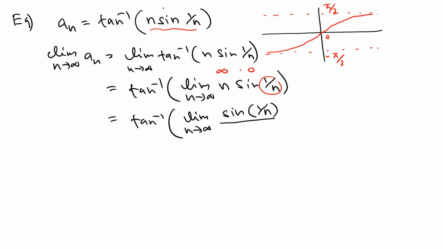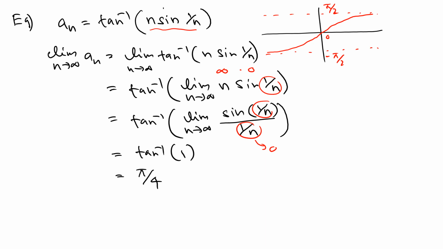In the bottom, you get 1 over n. Now you notice that they are the same, and they both go to 0. So it's 0 over 0, which means it is 1. So this is simply tan inverse 1, because the limit is 1. Okay, we just saw that this limit is 1. So tan inverse 1 is pi over 4.